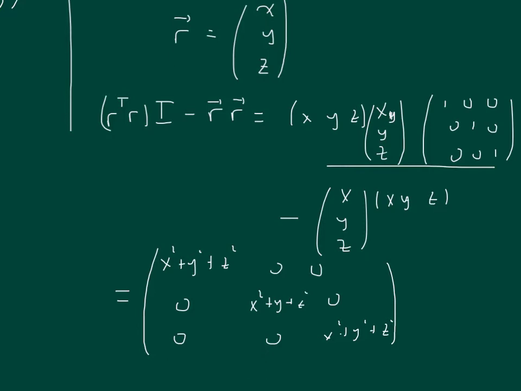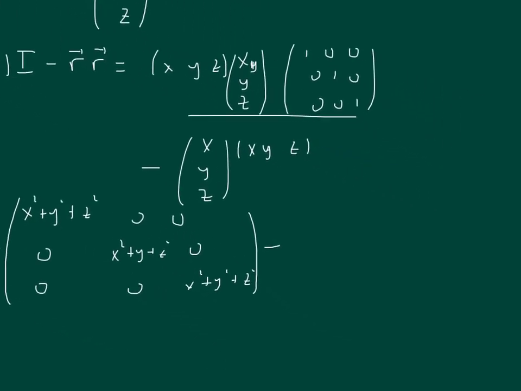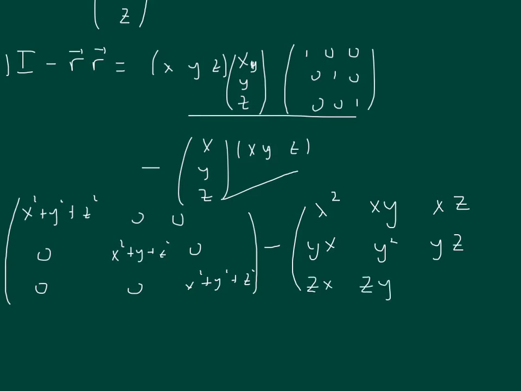And then we're going to subtract this matrix, which is going to be x squared, xy, xz, yx, y squared, yz, zx, zy, z squared.